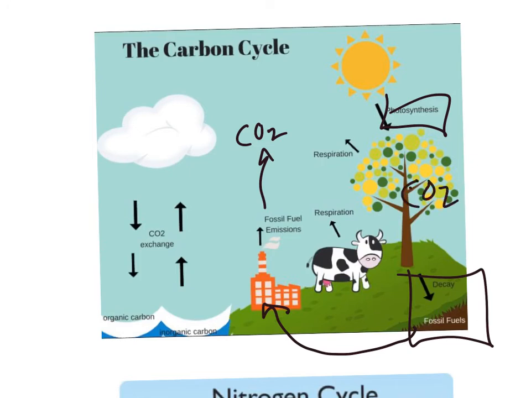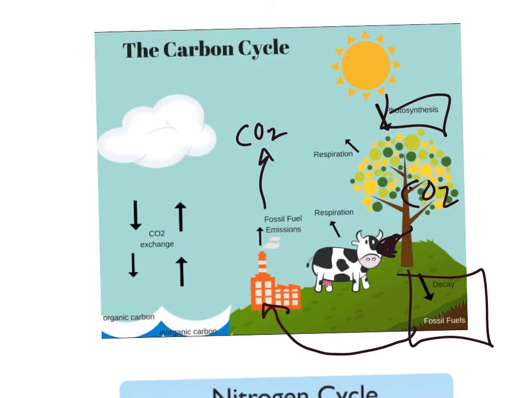It absorbs that carbon dioxide along with some sun and some water, and then creates some glucose and energy, and that energy can get transferred from a producer like a tree or a plant of some kind to a consumer like a cow.